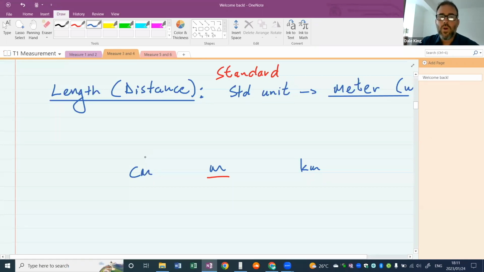Does anyone know what centi actually stands for? I'll be very interested to know if anyone in chat knows what the word centi stands for, because it's centimeters. Centimeters. I wonder if anyone in chat knows what this word here in the front, centi, means.